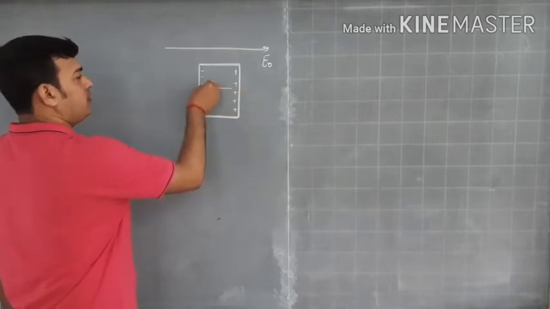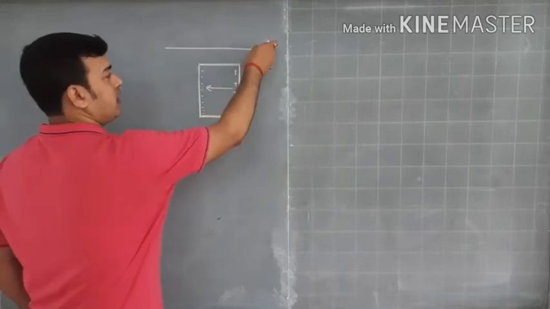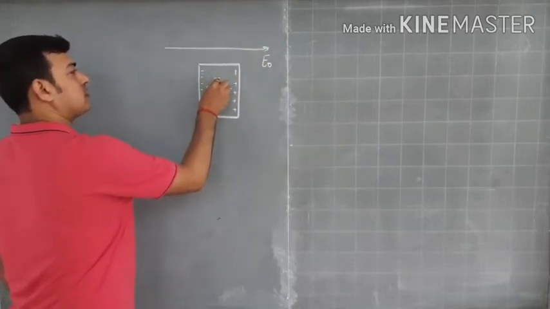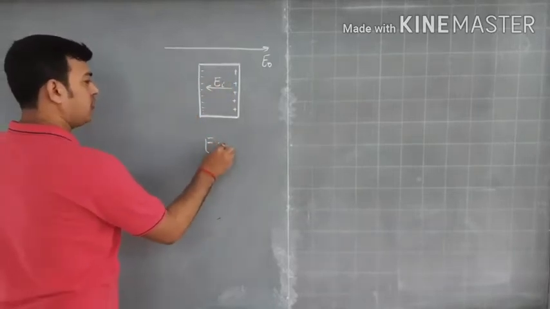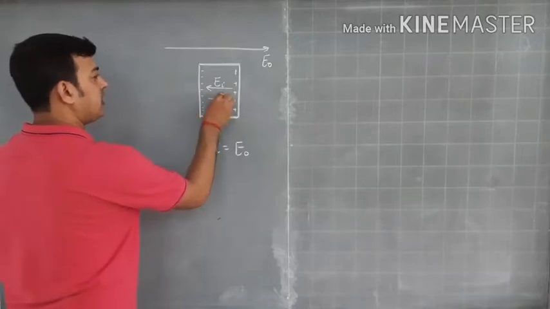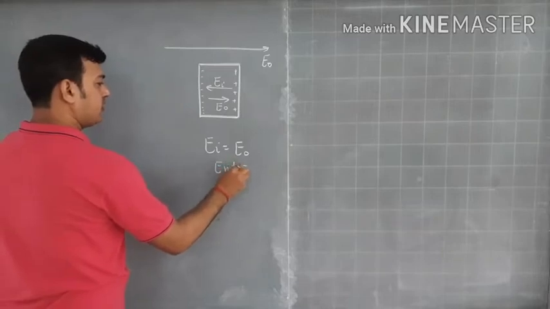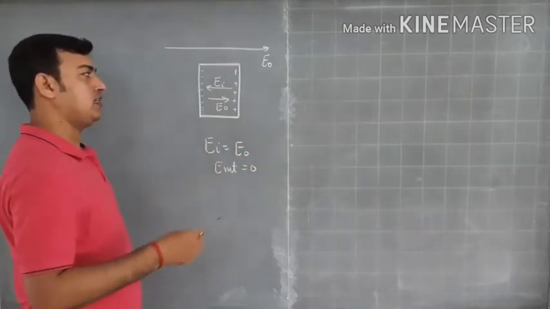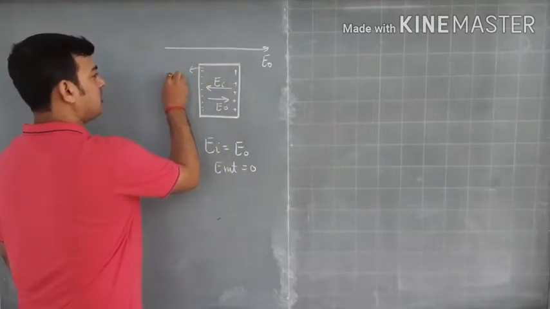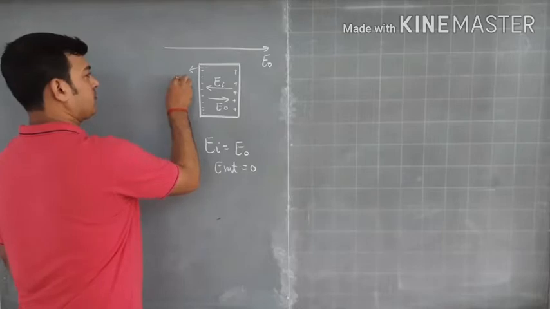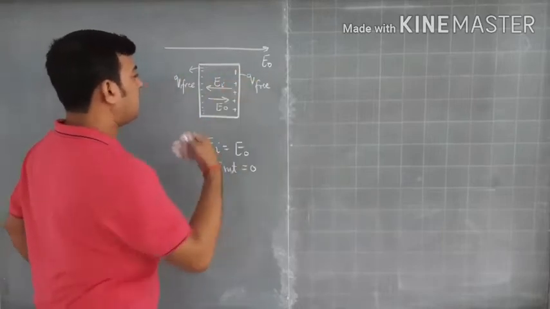A field will be produced inside this conductor opposite to the external field, and let me call this field EI, such that this induced field is exactly the same as the external field. So the net field inside a conductor is always 0, and these charges are free charges, since it is a conductor.